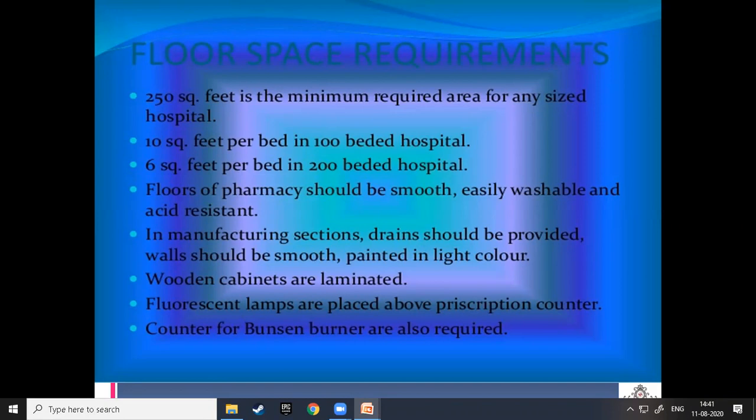No need for a preparation room in pharmacy nowadays. Bunsen burner is also not required nowadays. In some cases it is required, but in the majority of places you can't see the Bunsen burner lamp.